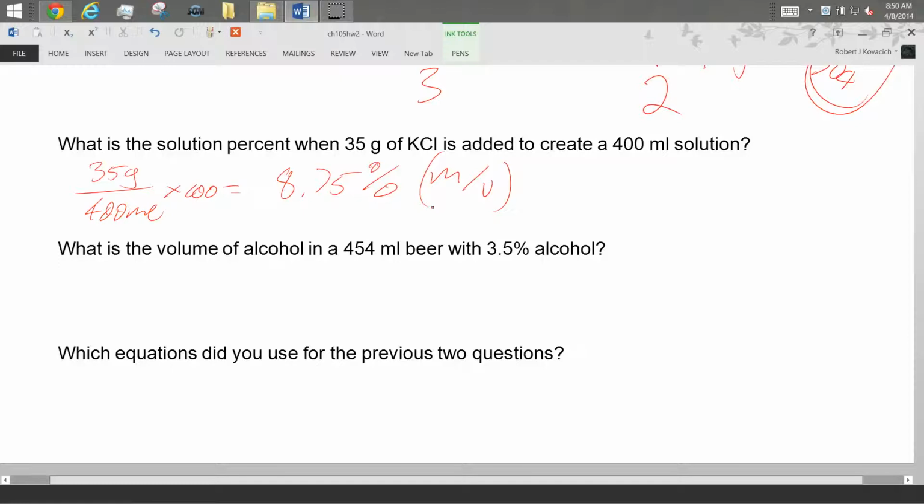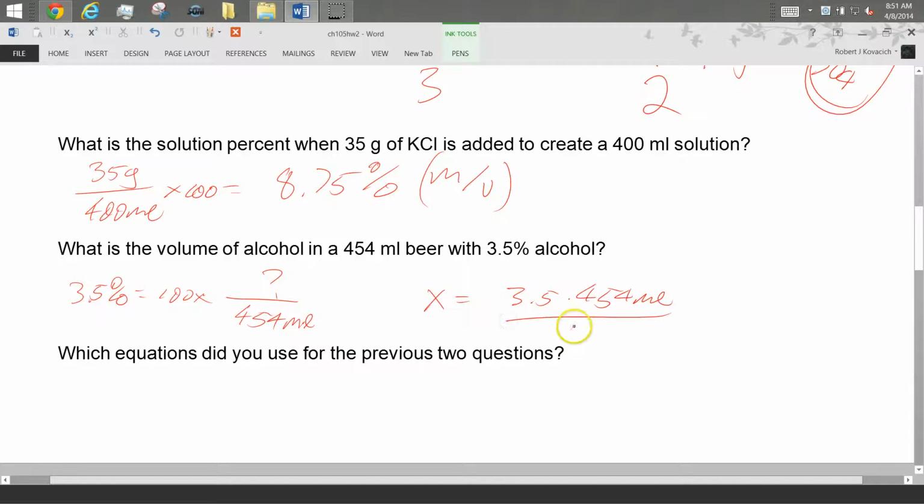What is the volume of alcohol in a 454 milliliter beer with 3.5% alcohol? Okay, so in this case, we already know that it's 3.5%. And it's got to be multiplied by 100, and I've got 454 for the total volume, and I don't know the volume up top. So my volume up top is going to be equal to 3.5 times 454 milliliters divided by 100.